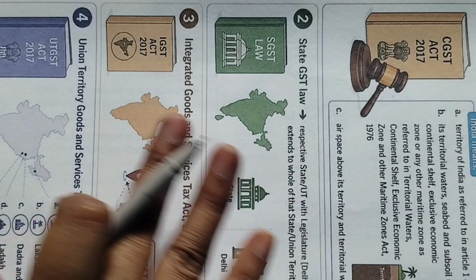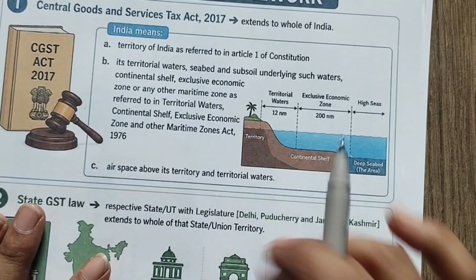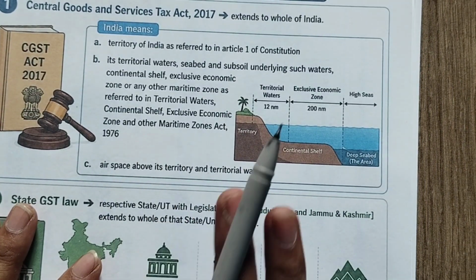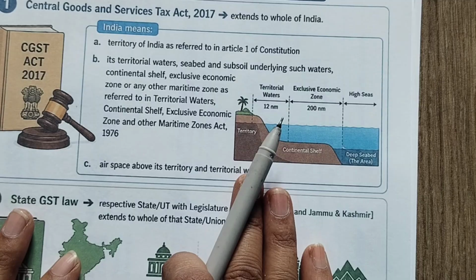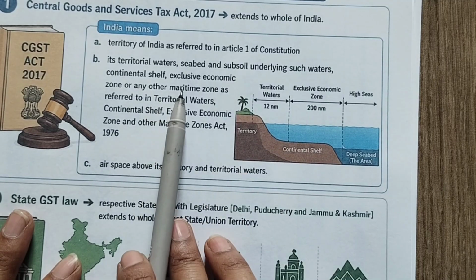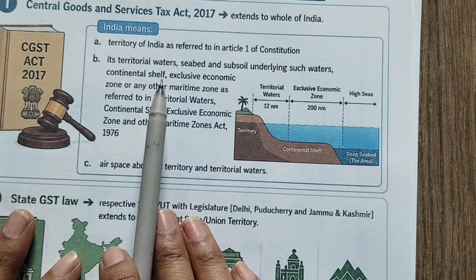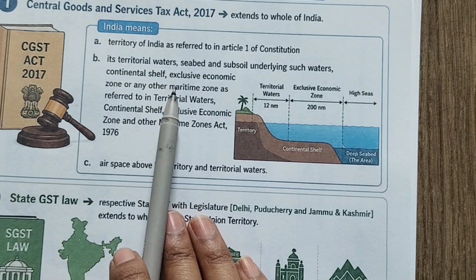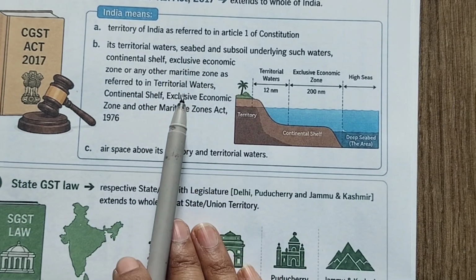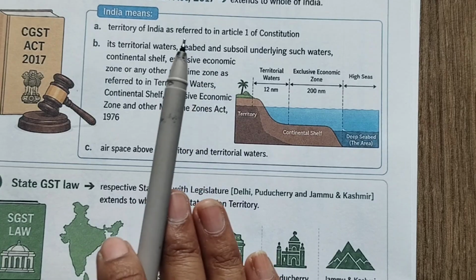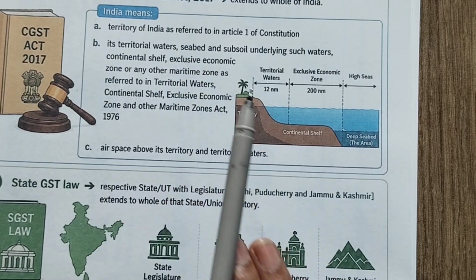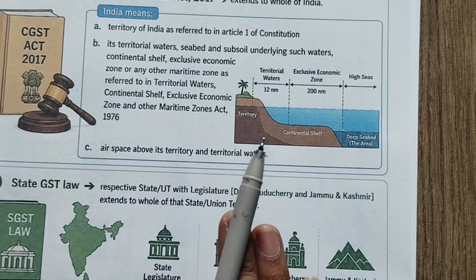Now, what is the legislative framework? See, we have separate acts. We have the CGST Act, the IGST Act, the SGST Act for the respective states, and the UTGST Act.